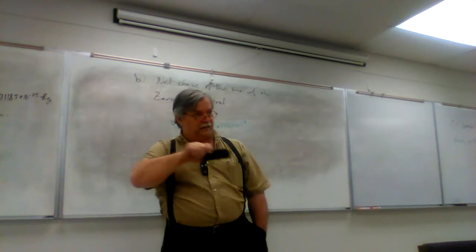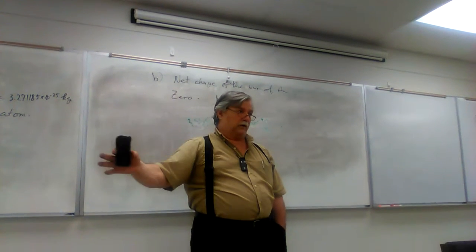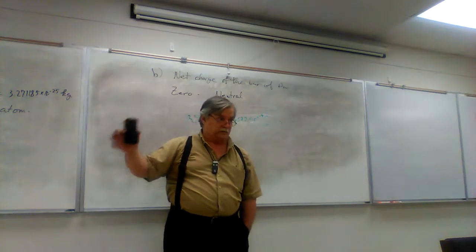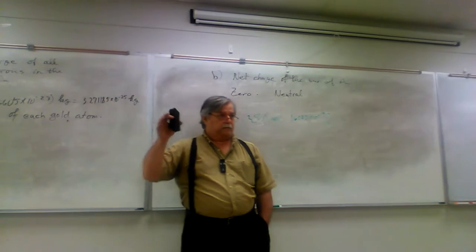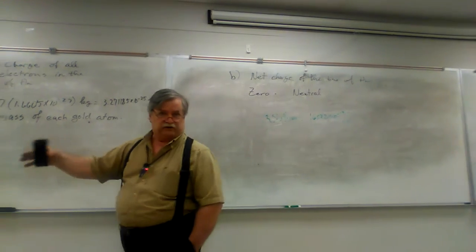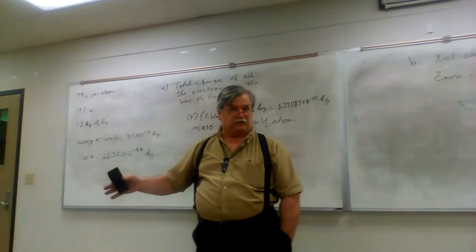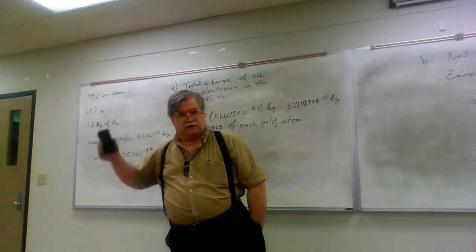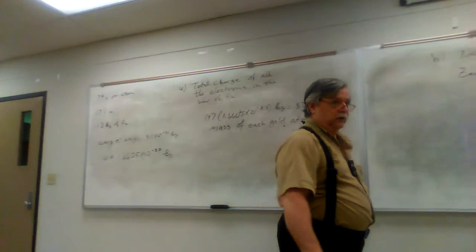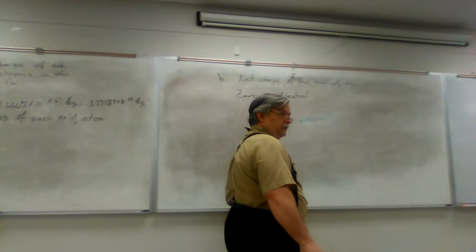So when you multiply that out, you've got this 464 million coulombs of protons plus minus 464 million coulombs of electrons equals 0 net. So you end up with net neutral, with no charge.